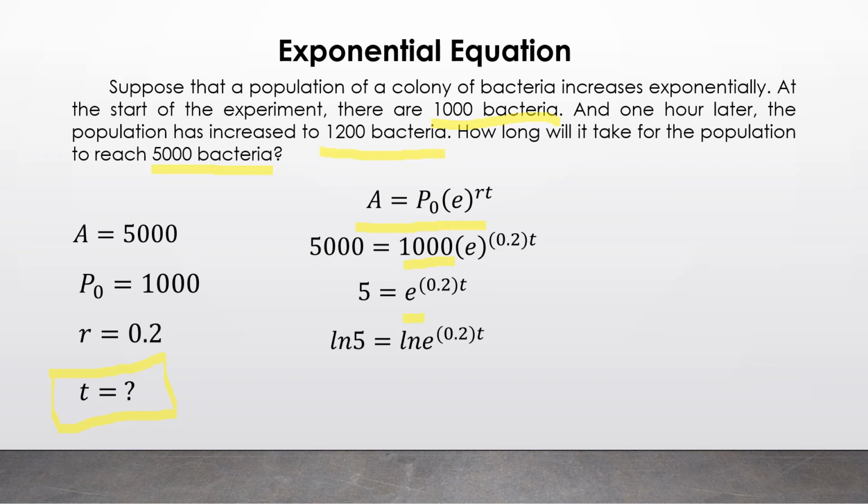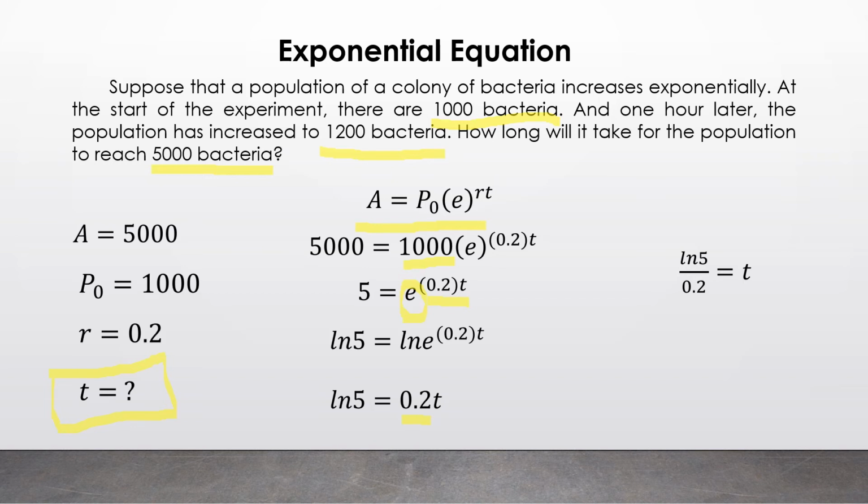Pag kinuha natin ang natural logarithm ng ating E, or ng Euler's number natin, binibring down lang natin ang exponent. So that is, Ln 5 is equal to 0.2t, o yung exponent. By dividing both sides by 0.2, we have Ln 5 over 0.2 is equal to t.